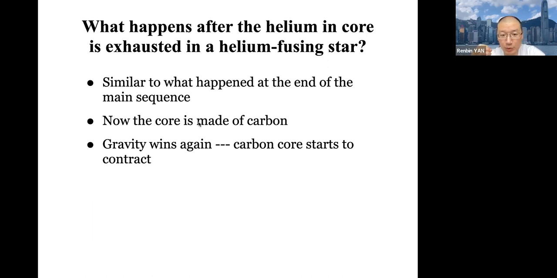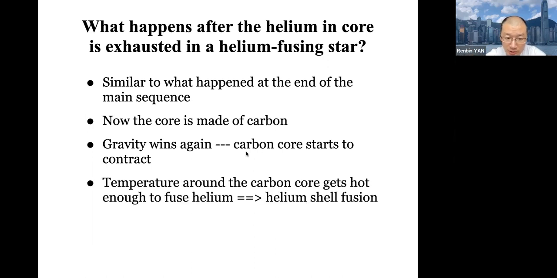And so the temperature will drop when fusion stops in the core. Gravity will win against pressure, and it causes the carbon core to contract, but the temperature around the carbon core will get hot enough to fuse helium. So you have helium shell fusion around a contracting carbon core.